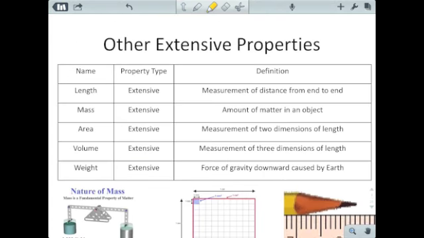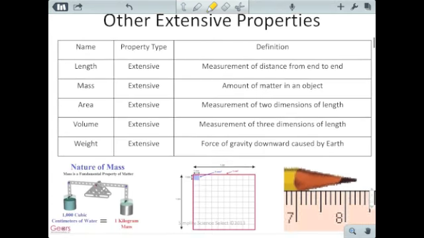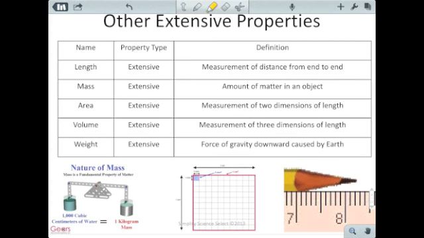Some other extensive properties are length, a measure of distance from one end to the other end. Mass, we already talked about; it's the amount of matter in an object. Area is an extensive property that measures two dimensions of length.